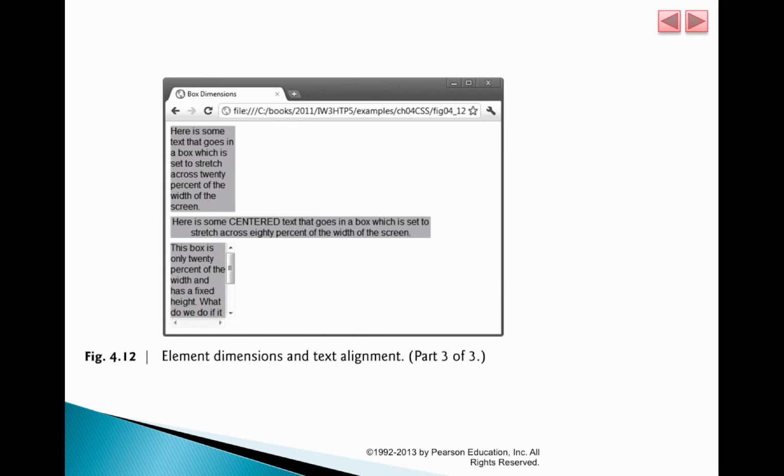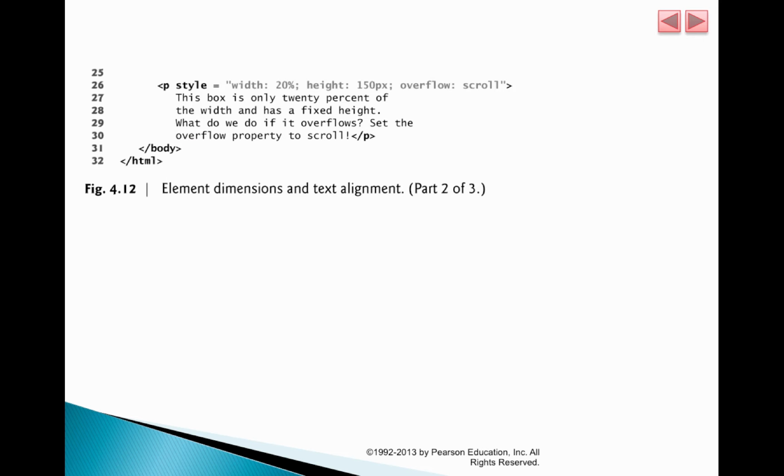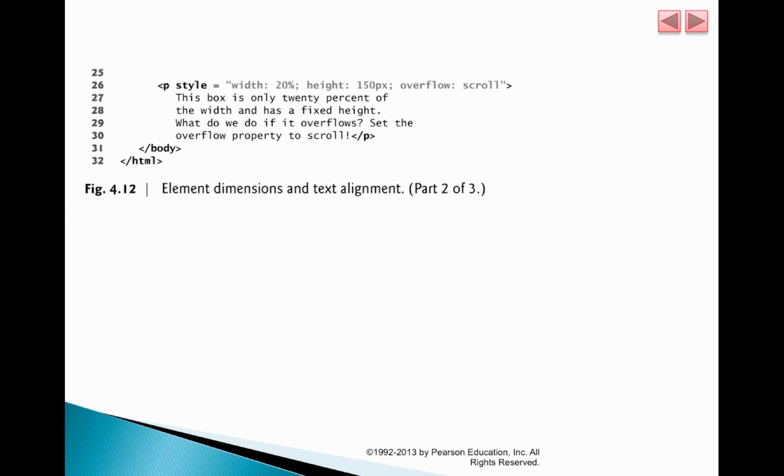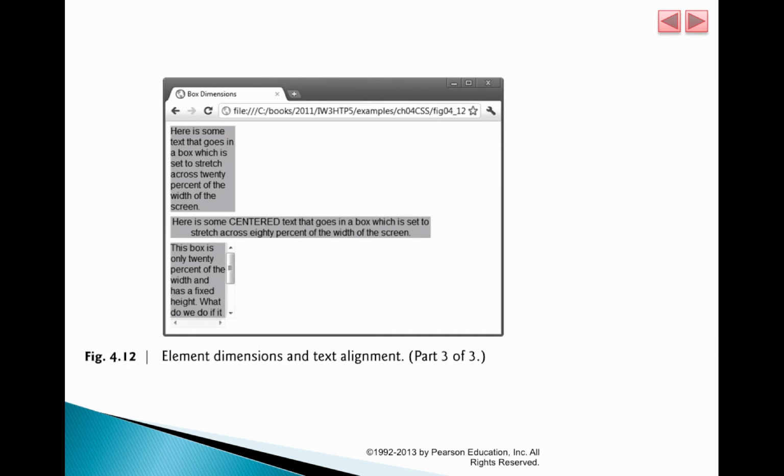With the 80% we also centered the text. And how did we do that? We did that by saying, line number 21, text-align: center. And the last one, we specified the width and the height, line number 26, and we specified overflow to scroll. That's why we have the scroll bar on the third one.